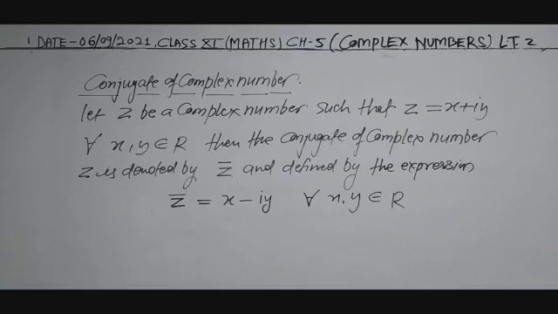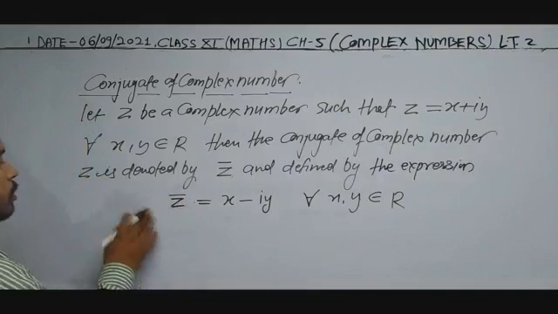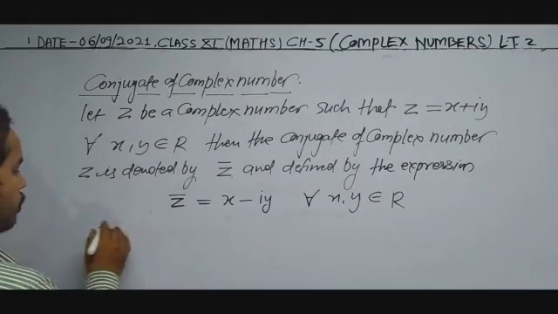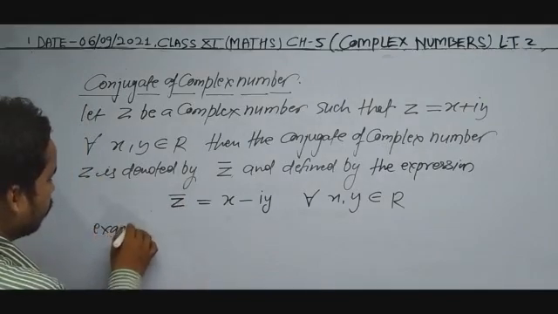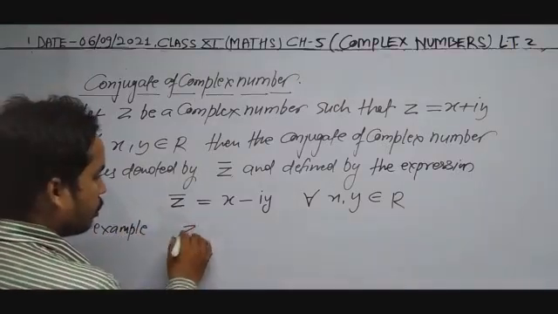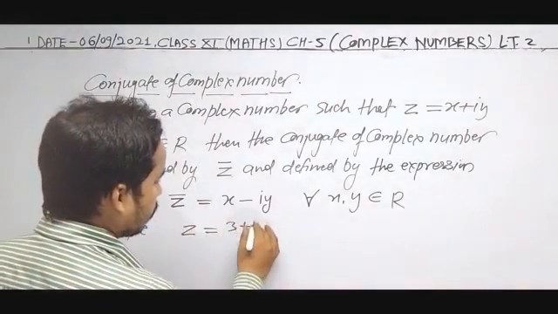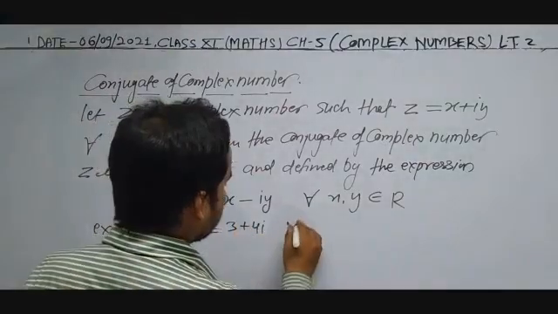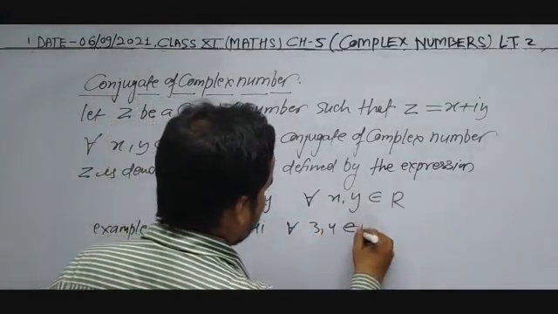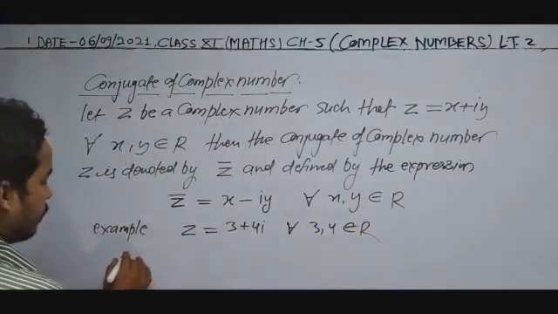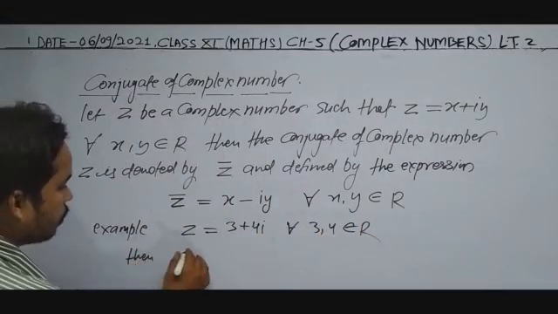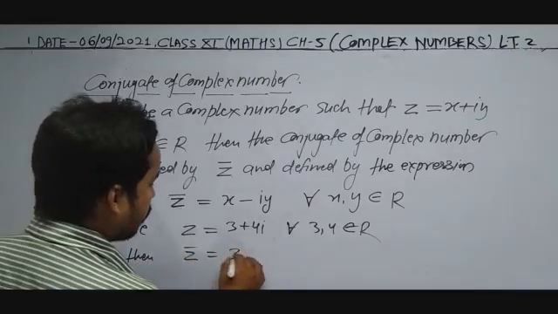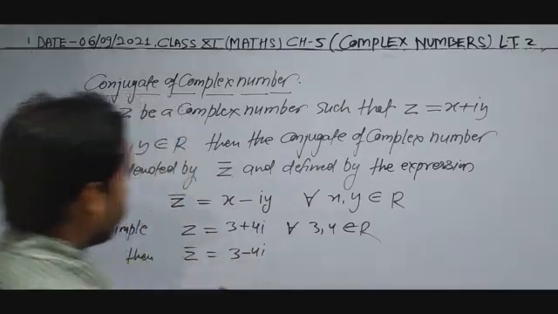See, suppose you are given 3 plus 4i, this is complex, for all 3, 4 belongs to real, then Z bar we can write 3 minus 4i.